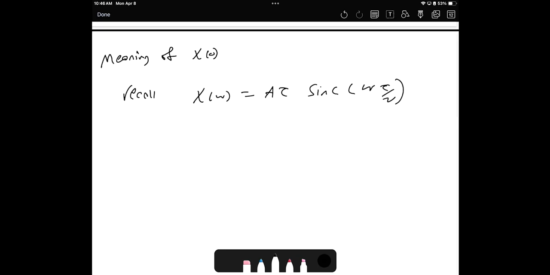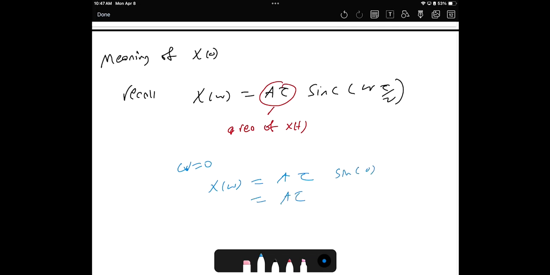And we said this is the area of x. So if we substitute omega equals 0, what will happen? X of omega equals A tau, because sinc of 0 will be 1. Sinc of 0 will be 1, which will make it A tau. So x of 0 is the same thing, which is the area of x of t.